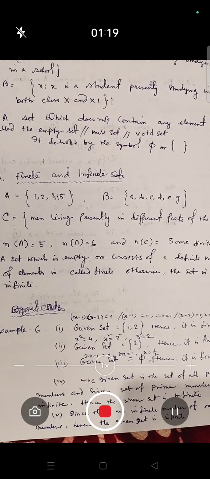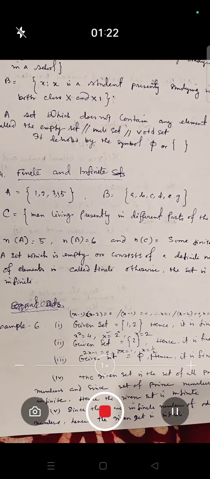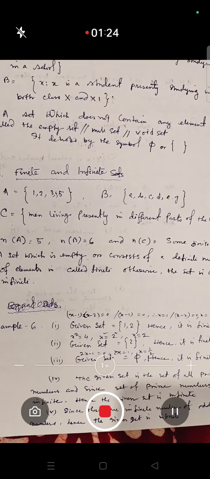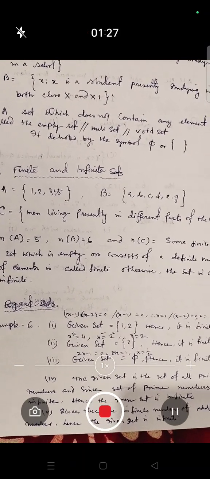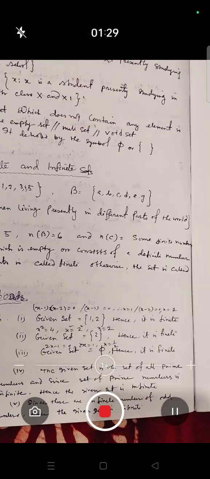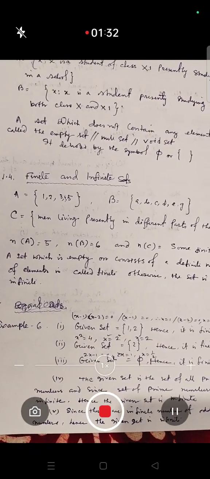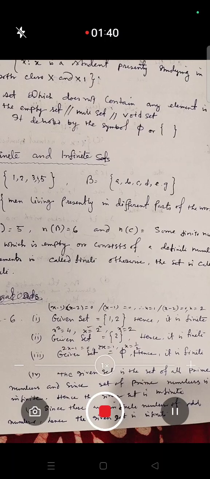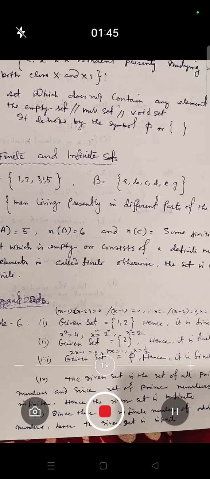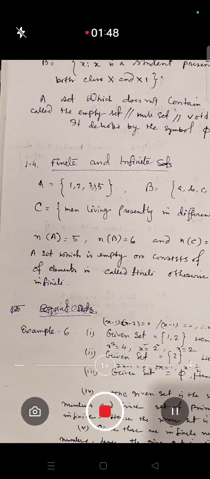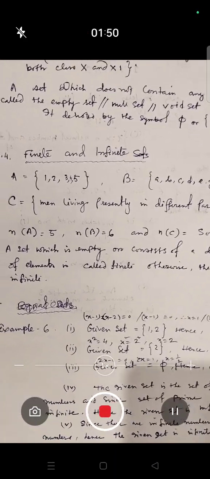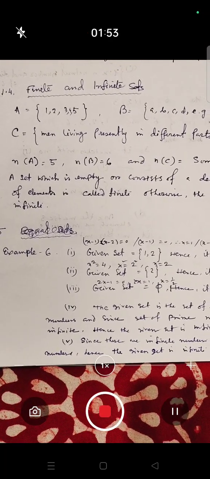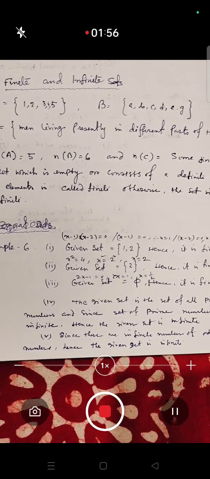So the number of elements of A is 5, of B is 6, and of C is some finite, very big number. So a set which is empty or consists of a definite number of elements is called finite, otherwise the set is called infinite. Here are the examples, finite and infinite.